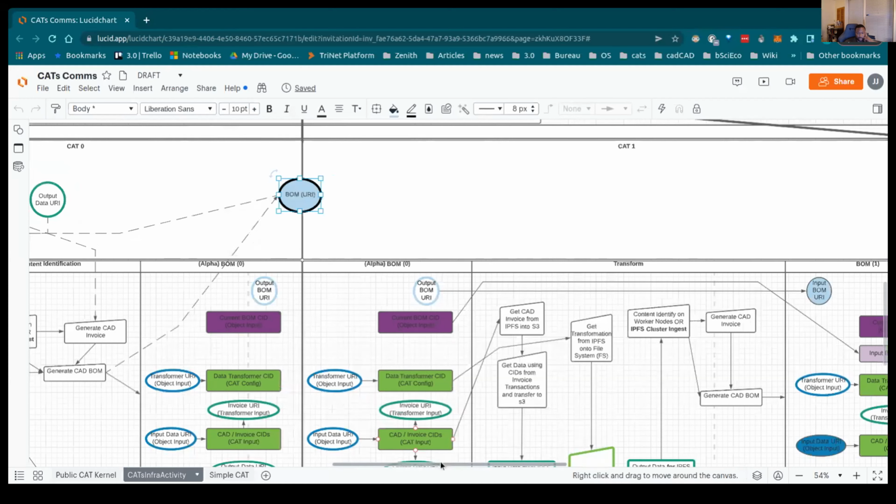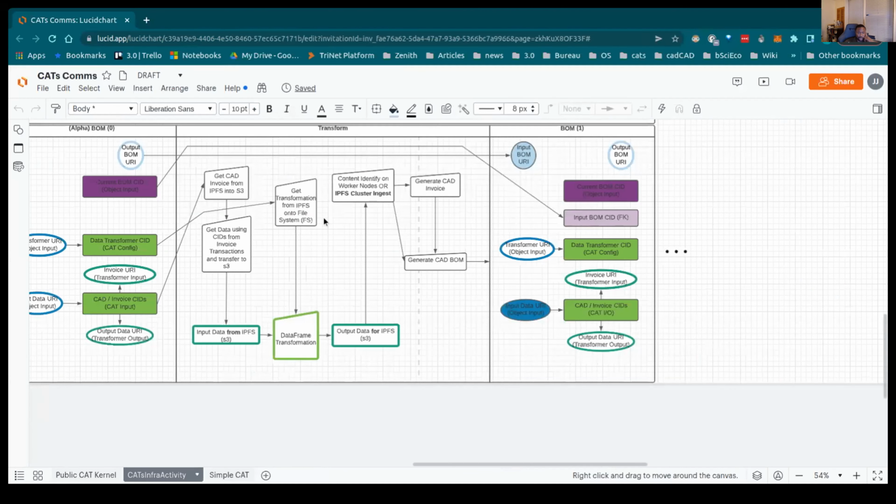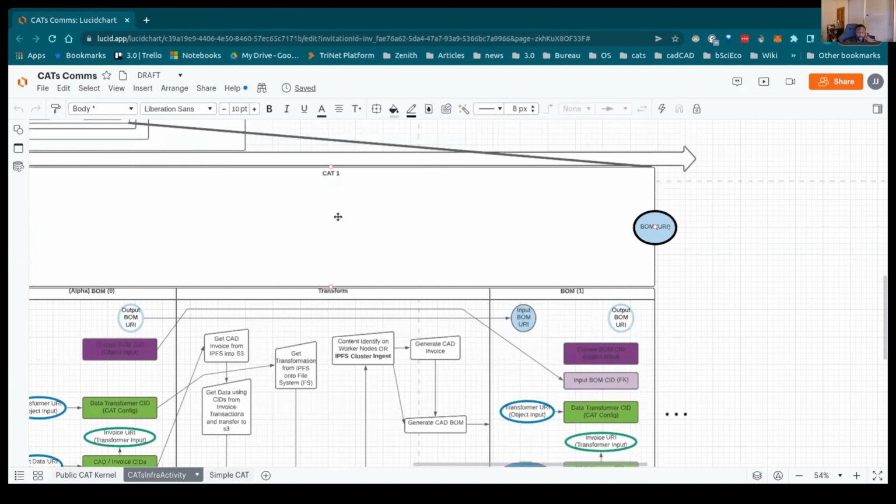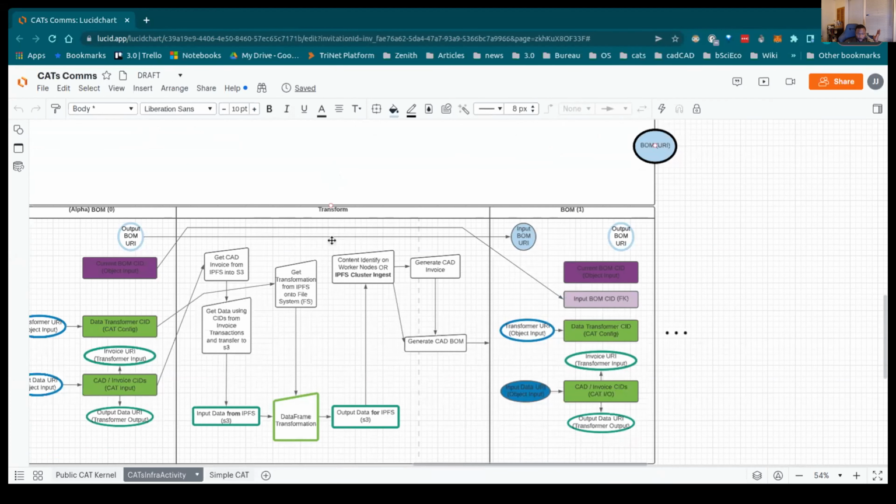Spark transforms it. The IPFS clients, CIDs, everything necessary for re-executing both the input and the output. And then you have an output BOM. So the execution of the second cat produces an input BOM and an output BOM, everything necessary to re-execute the entire pipeline. To the demo.